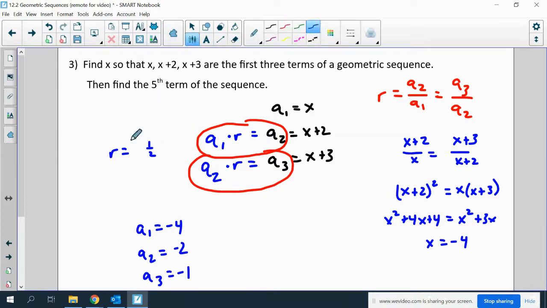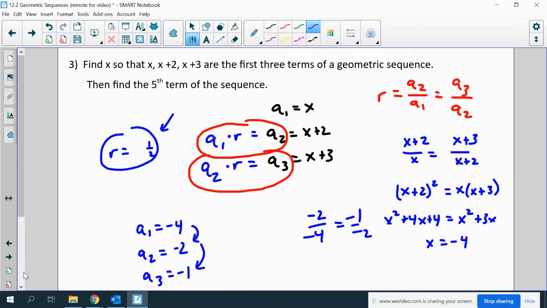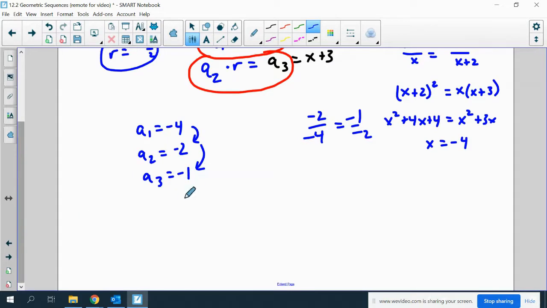So r is equal to positive 1/2 because if I multiply each of these terms by 1/2, that seems to be the common ratio. Also, if I put negative 2 over negative 4 or negative 1 over negative 2, what I notice is that that's 1/2. So to find the fifth term of the sequence, it's probably easiest to do this recursively. I get negative 1/2 and then negative 1/4. So a sub 5 is equal to negative 1/4.